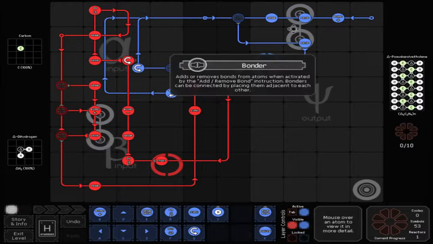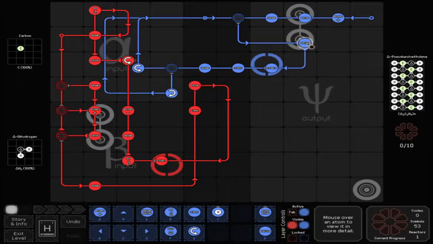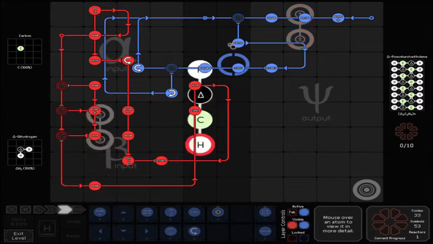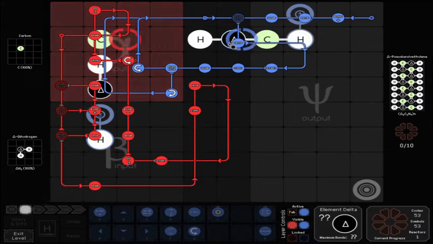Oh, wait. So, I put the drop command here. So, let me see how that repositions the odd-numbered layers. Okay.